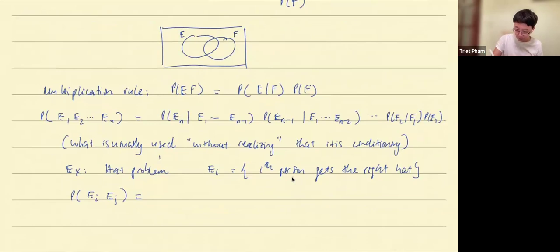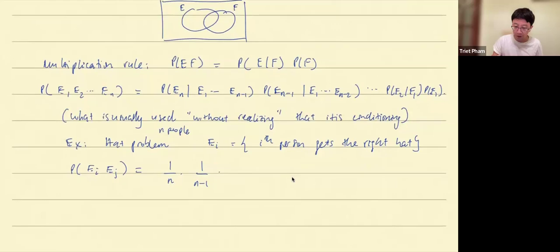Many will just give this answer: 1 over n times 1 over n minus 1. How would they give this answer? They say the first person can get the right hat with probability 1 over n. The second person can get the right hat with probability 1 over n minus 1. So multiply together, that's the answer.